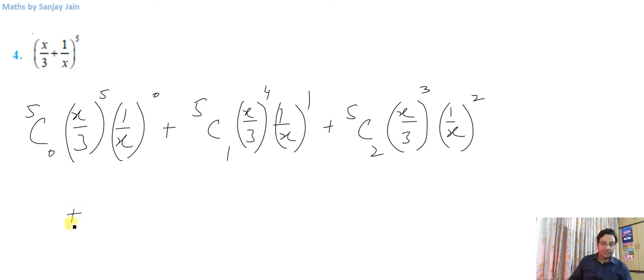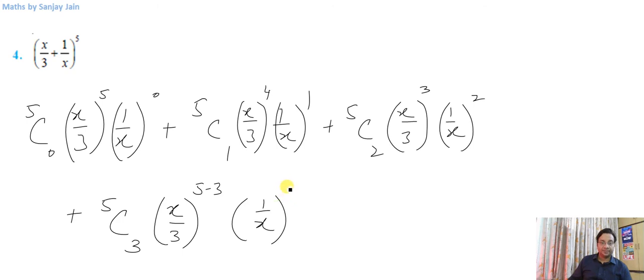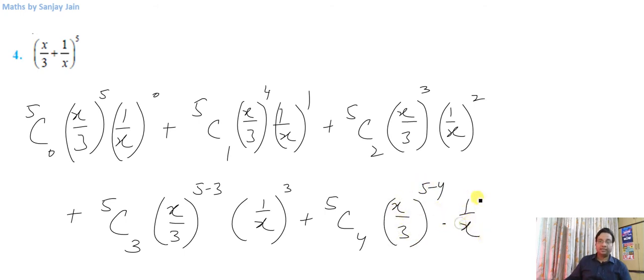Or let us say it the other way around. 5c3, x by 3 raised to power 5 minus 3, 1 by x raised to power 3. 5c4, x by 3 raised to power 5 minus 4 and 1 by x raised to power 4.